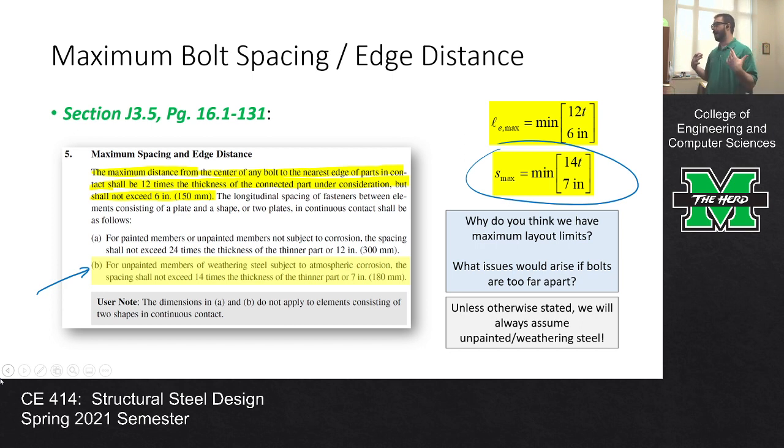If it was me, and I was dealing with a galvanized connection and had to make a decision, I'd probably go with that one, because you are providing a corrosion protection system with hot dip galvanizing. However, if I was in connection design land, this limit probably wouldn't impact my design anyways, and that'll also become clear when we get into design land.